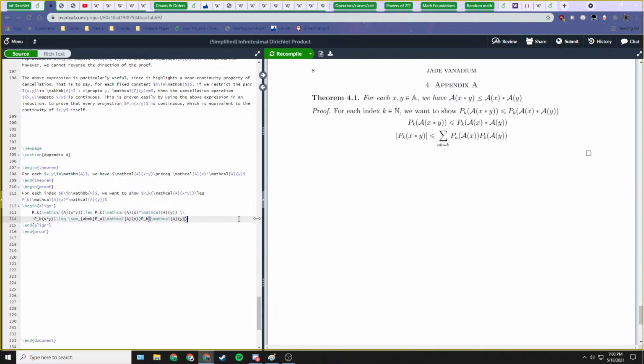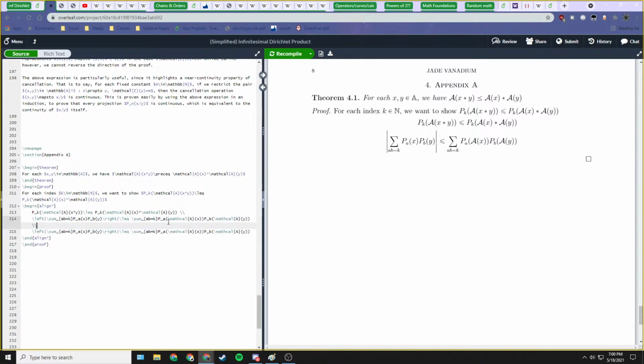On the left side we have this pk, so we can similarly do ab equals k, pa of x and then pb of y. Here we're just expanding out the definition of convolution. So we want to show that this thing is less than or equal to this thing over here.